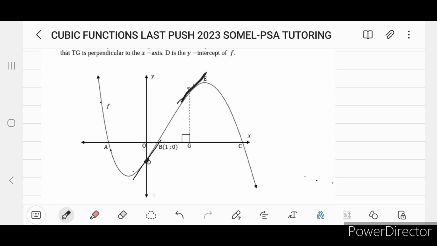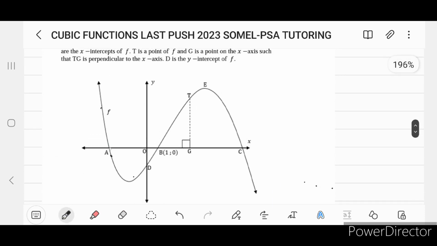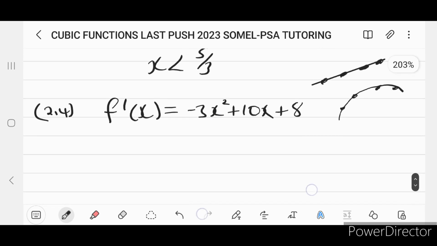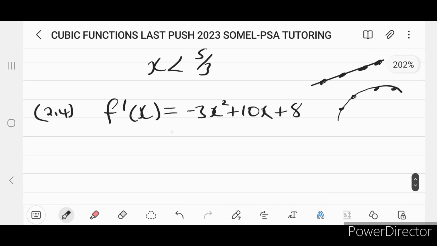But for me to find the gradient at point A, I must substitute the x value of point A into the general formula for gradient. So point A is minus 2.